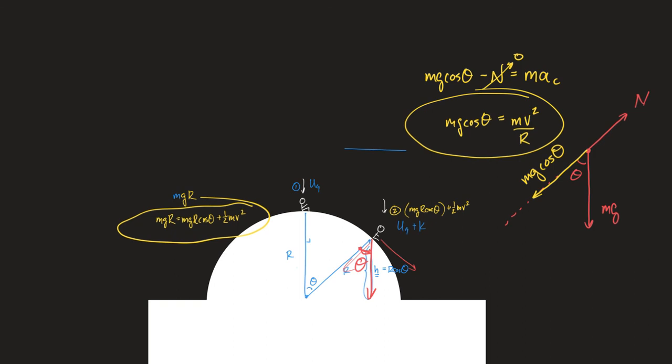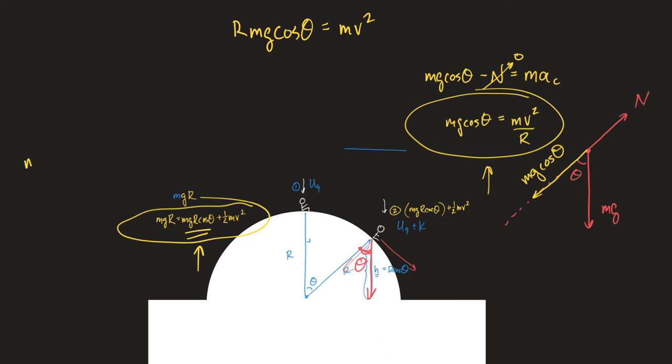so you can walk through it if you wish. All right, so what you need to do now is set these two equal to each other. What I'm going to do is a little different. I'm going to multiply both sides of this relationship by r and get mg cosine theta equals mv squared. And I'm going to multiply both sides of this equation by 2 after I move this over to the other side.